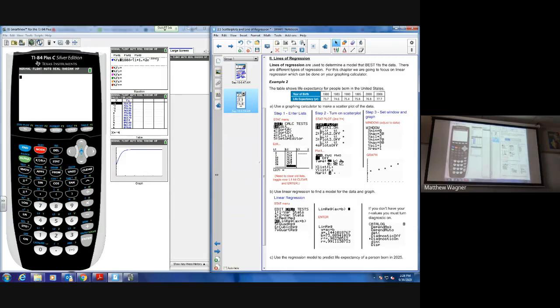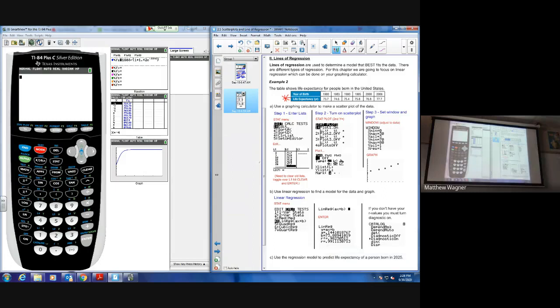So again, we're going to go through this slow. It's going to take some keystrokes to get used to things, but then we'll turn you loose. After you do this 2 or 3 times, it's going to stick in your brain about how to do this. I've included screenshots, and I'll try to keep track of things as we go through. But the first thing is we need to enter our data, okay?